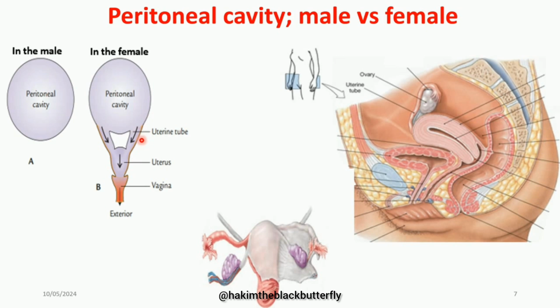At the same time, if a patient has, let's say, salpingitis, or what we call inflammation of the fallopian tubes because of pelvic inflammatory disease, it's possible for these infections to spread into the peritoneal cavity, resulting in peritonitis. So there is that possibility of infections to easily spread, okay, because of an open peritoneal cavity in females.